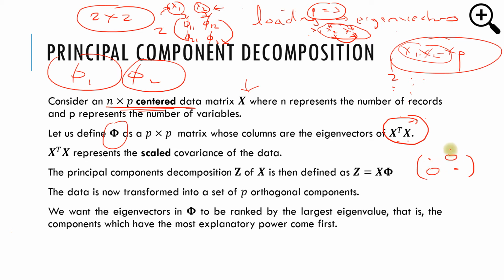The covariance might be negative, but the variance will always be positive, okay? The variance of the first variable will be here, the variance of the second variable will be here, and the covariance would be found off diagonal. On the diagonal, you will have the variances. So X transpose X represents the scaled covariance of the data, as I told you, the covariance matrix.